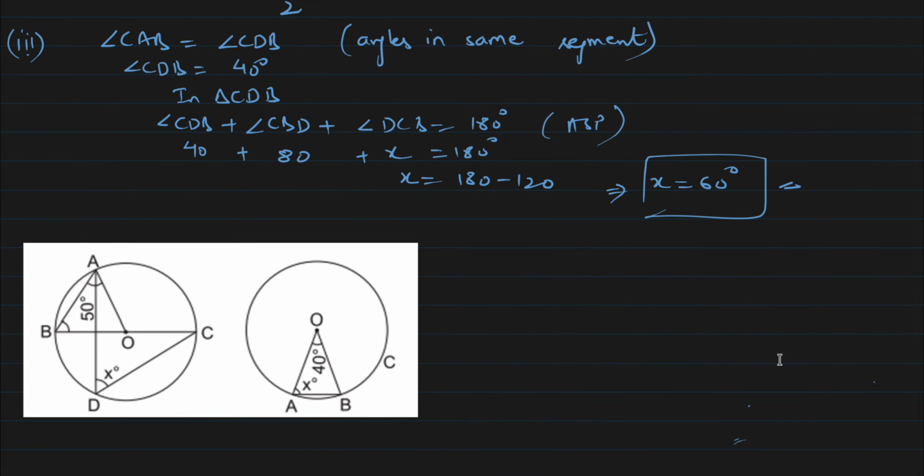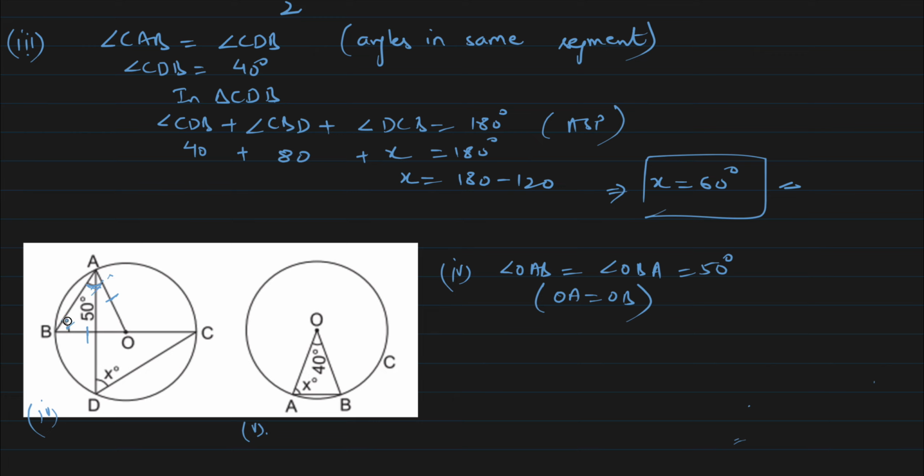Now move to the fourth and fifth part of this question. The fourth part says one of the angles is 50. So I can say angle OAB equals OBA. Can I say both are equal to 50, students? Reason being OA equals OB, and that becomes an isosceles triangle.